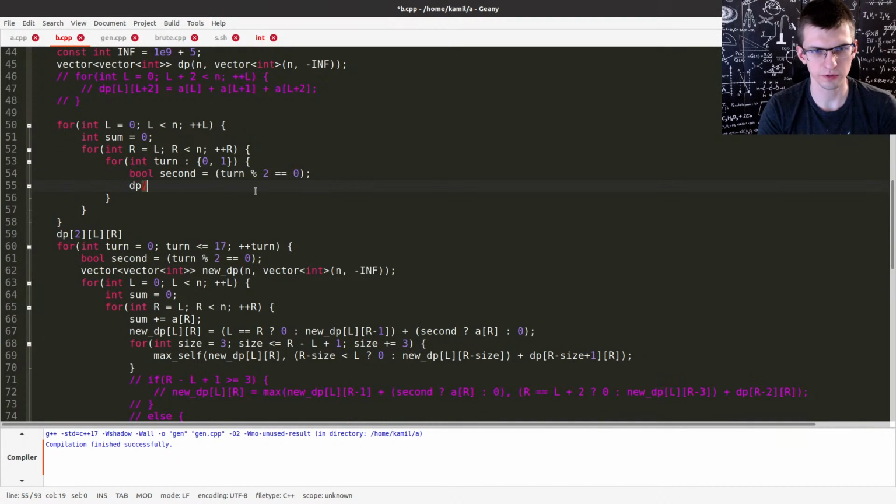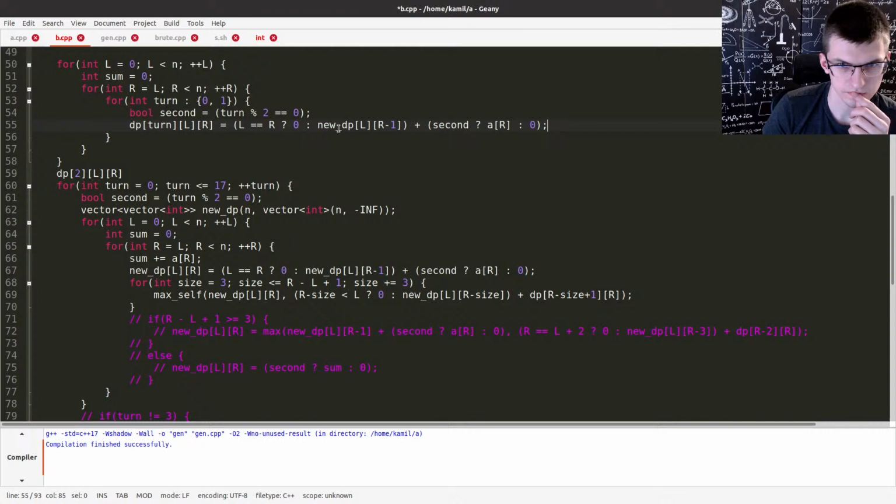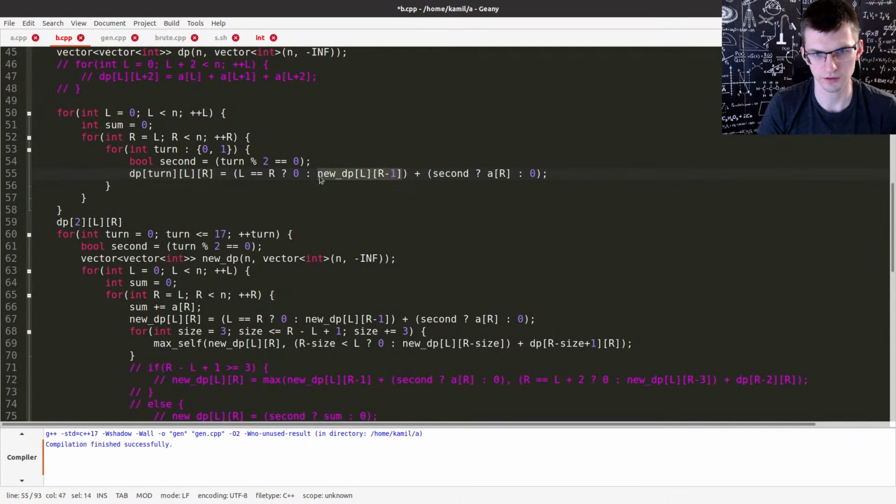I will try to compute dp of turn LR. And by default, it's this, up to R minus 1.